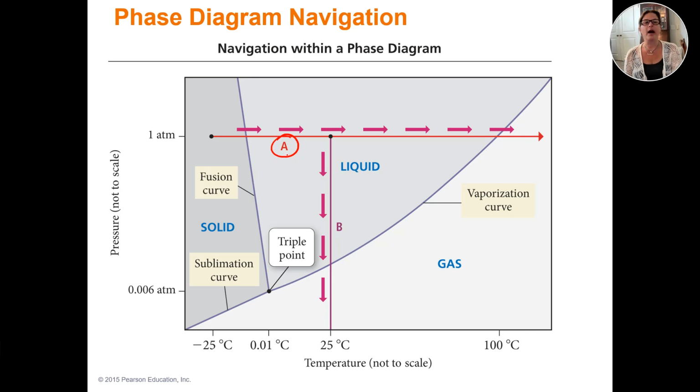But if I decrease the temperature and make it go down to say 0, it's going to form into a solid. If I increase the temperature, say to 110 degrees Celsius, we're going to go into our gas phase. So being able to read these phase diagrams is very important.